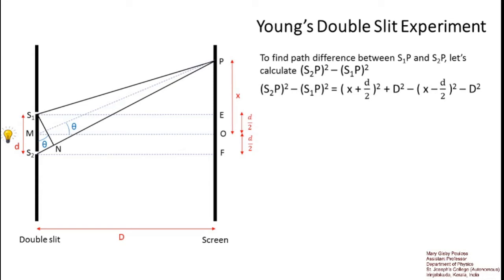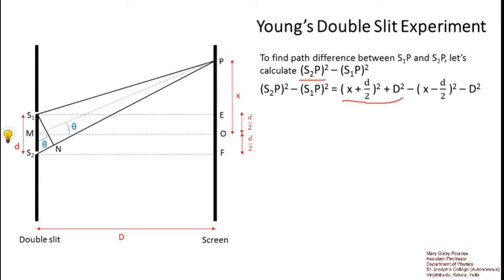So what is S2P square? Now consider the triangle S2PF. In that, S2P is the hypotenuse and PF is the altitude, S2F is the base. Hence I can write S2P square as base square plus altitude square, right? So we have altitude as x plus d by 2 the whole square plus base square D square.